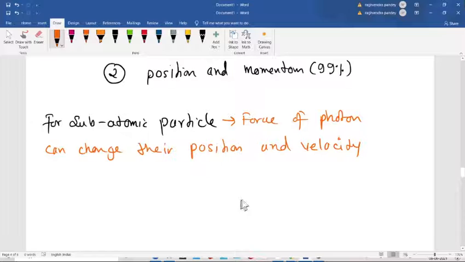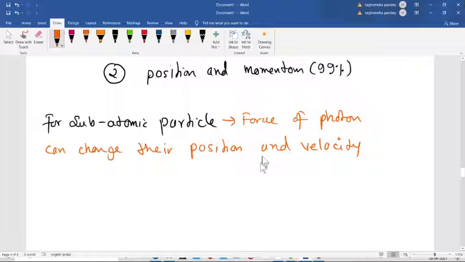Now suppose you are seeing your laptop screen. Photons are coming from the laptop screen, and you are seeing the bottle, pen, pencil, whatever. So photons are striking the objects and coming to your eyes when you are seeing them. But photons do not have that much mass, as I told you.